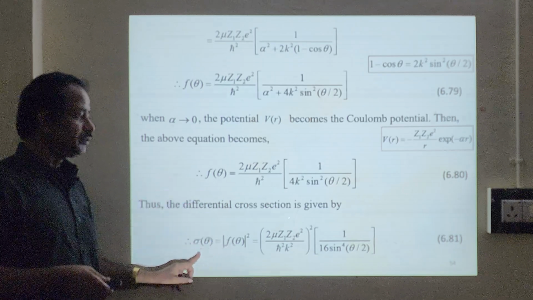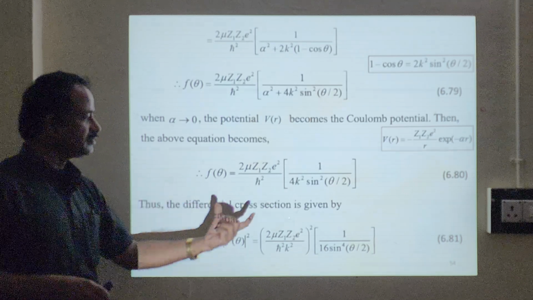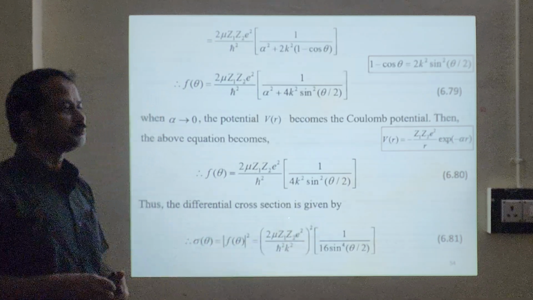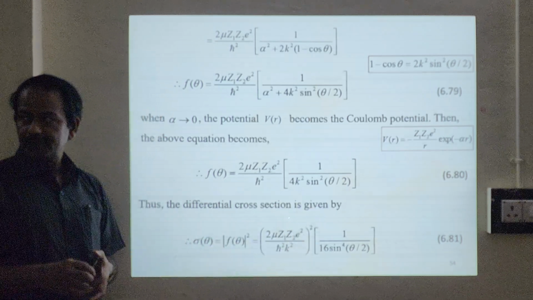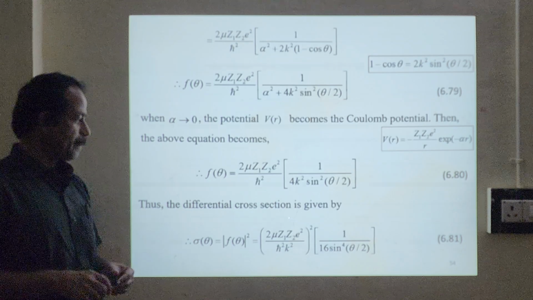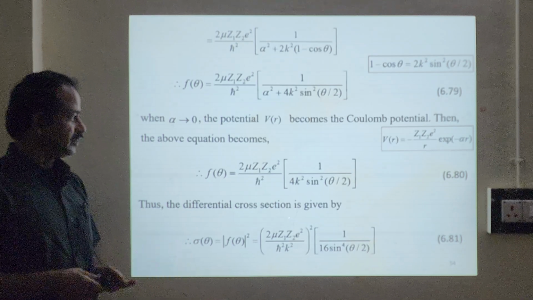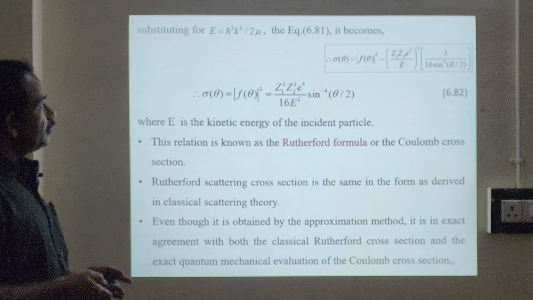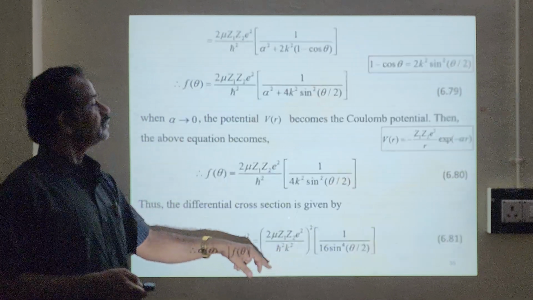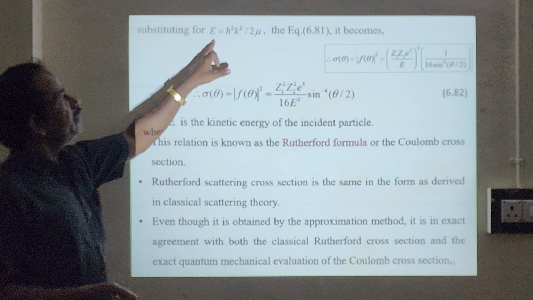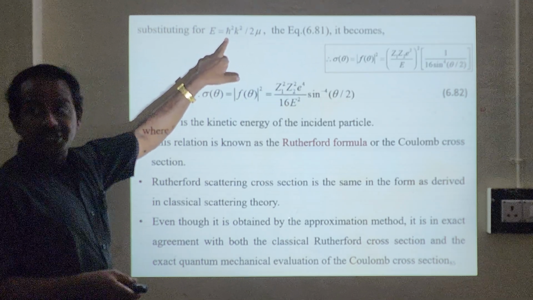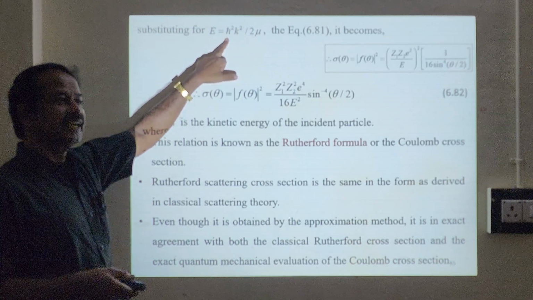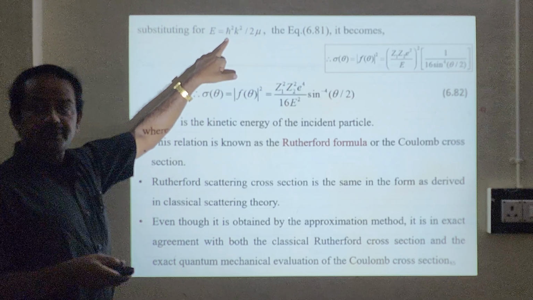Squaring of f of theta will give you the differential cross section. Just square it, you will get the expression, equation 6.81. Any doubt? Very simple one. Just we are going to square it. Now we know that E equals P squared by 2m. We know already the expression for kinetic energy equals P squared by 2m.